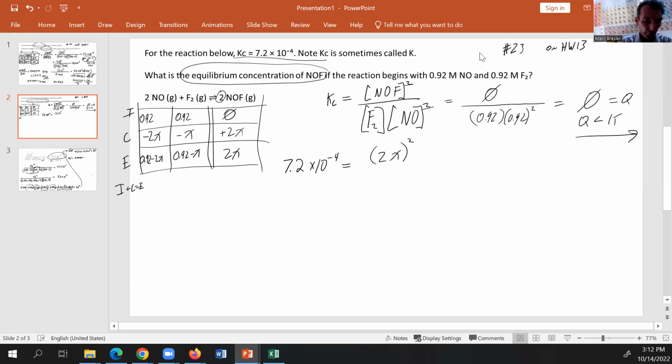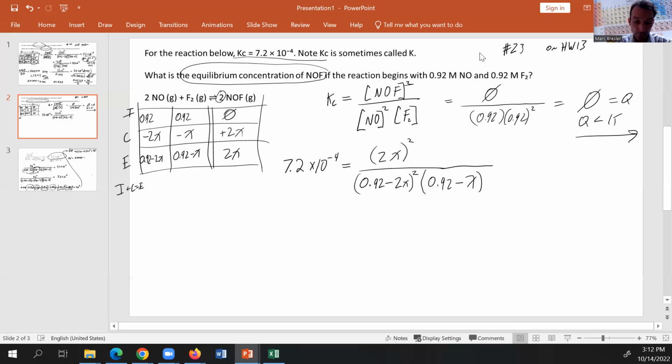And I got these reversed from the reaction, so I'm just going to swap those so it's not confusing. But it doesn't actually matter the order, as long as you plug in the right thing in the right place. So NO here on the left, NO on the left here, 0.92 minus 2x, and that's squared, and then 0.92 minus x.